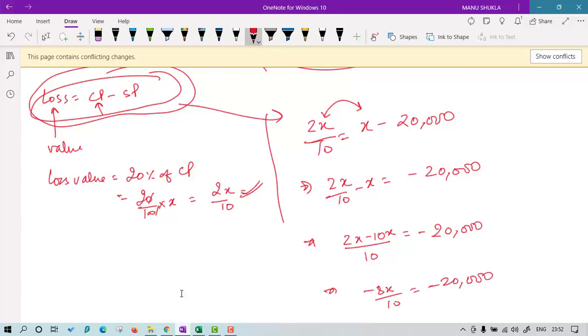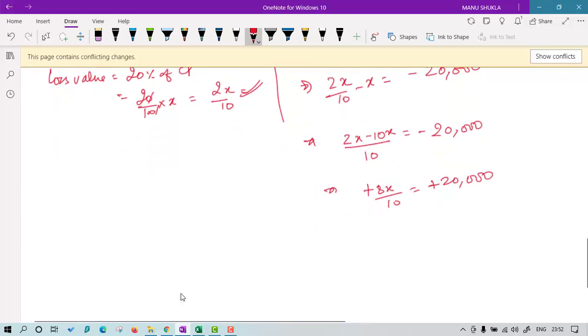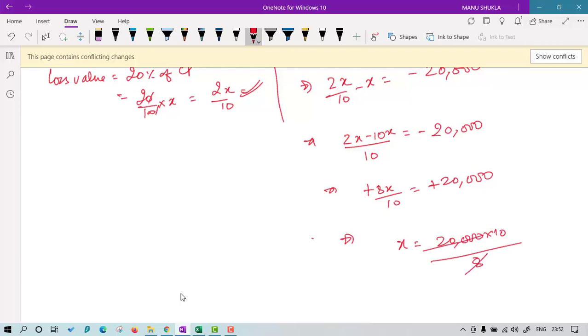So first thing that I will do is get rid of this negative sign, because negative is there on both sides. I can multiply both sides by minus 1 and make it positive. After that, we all know we have to isolate the x. So 20,000 multiplied with 10 upon 8. What will you get?